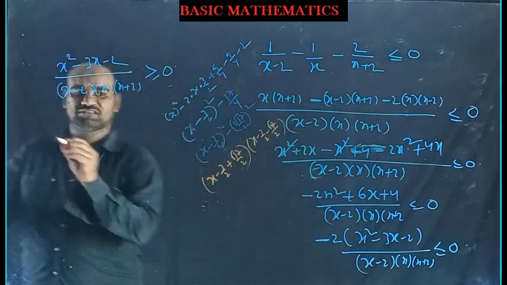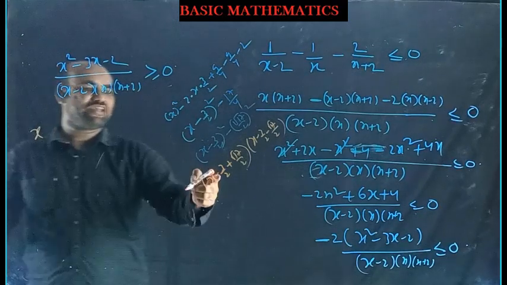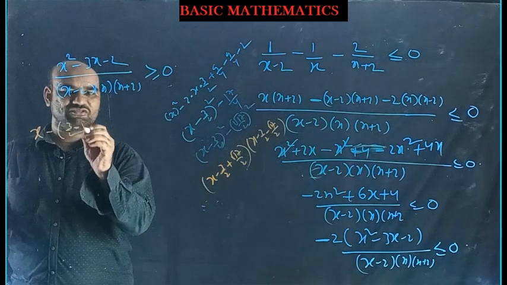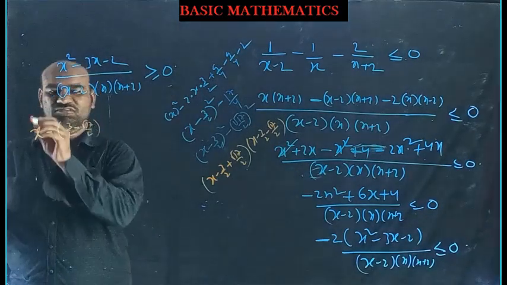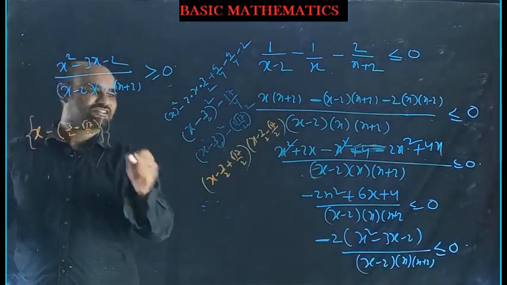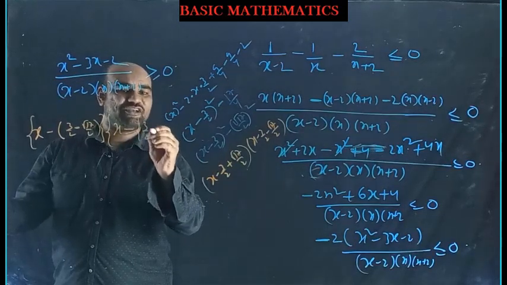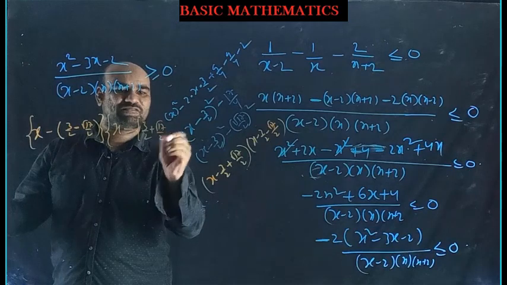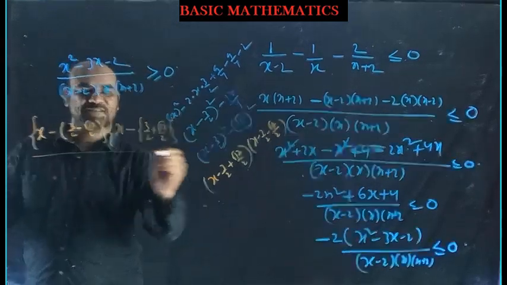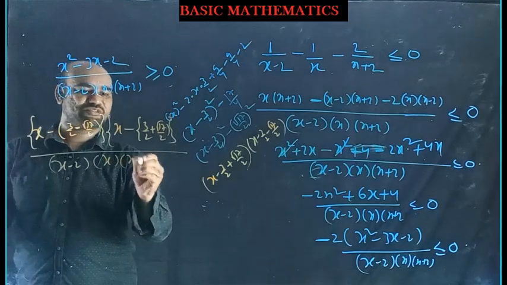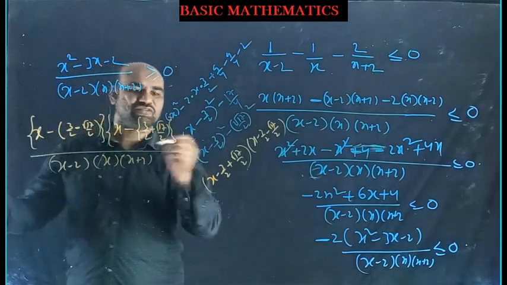So I will write x, I will take minus common here, minus of 3 by 2 minus root 17 by 2, this is the first bracket. Second bracket is x minus of 3 by 2 plus root 17 by 2, by x minus 2 into x plus 2, the actual problem, greater than or equal to 0.